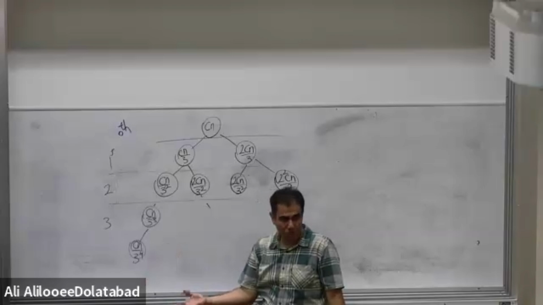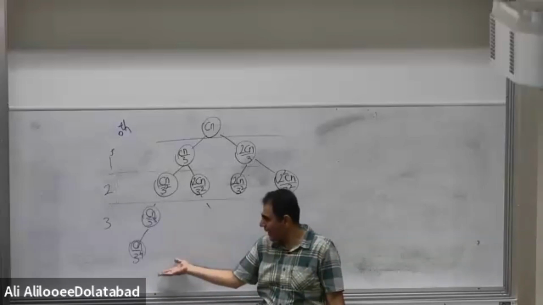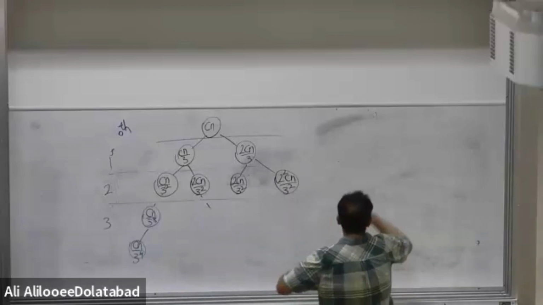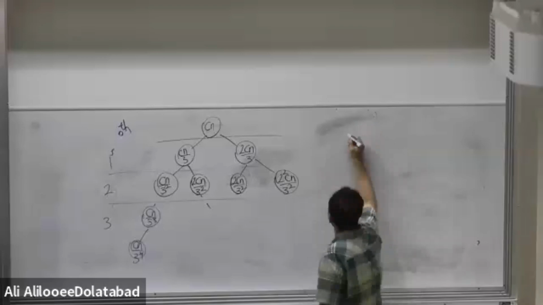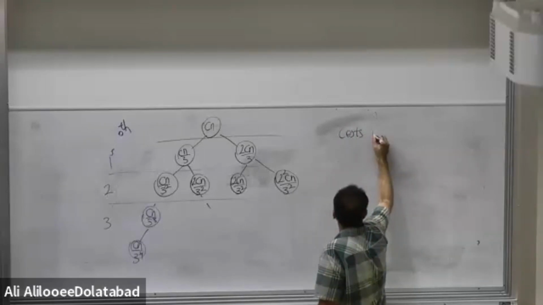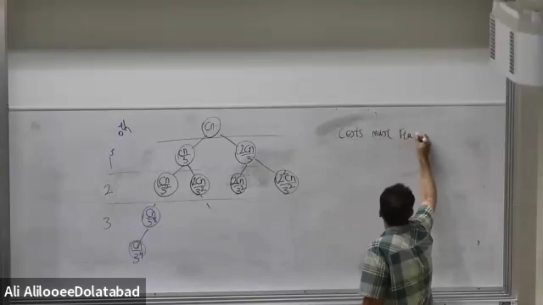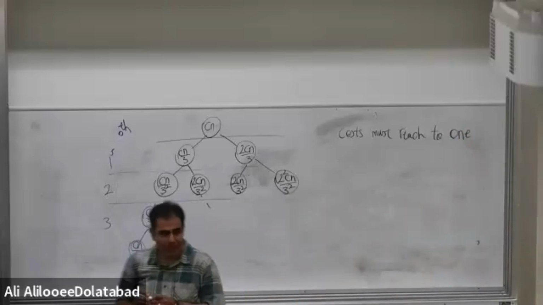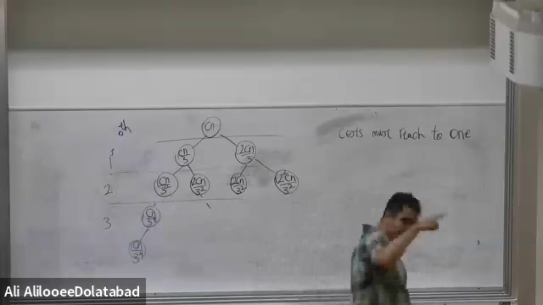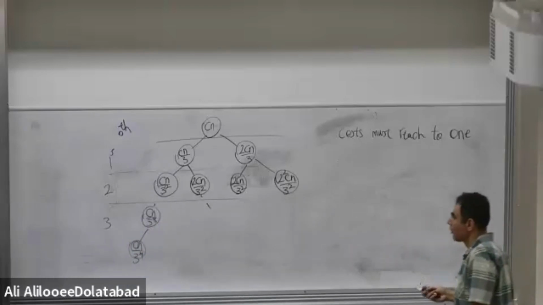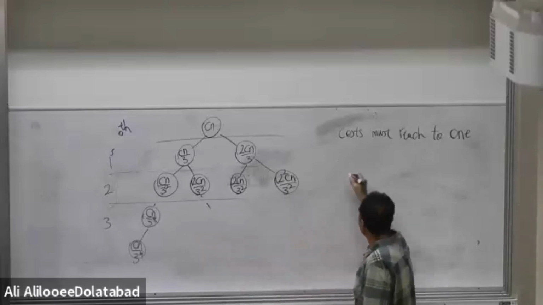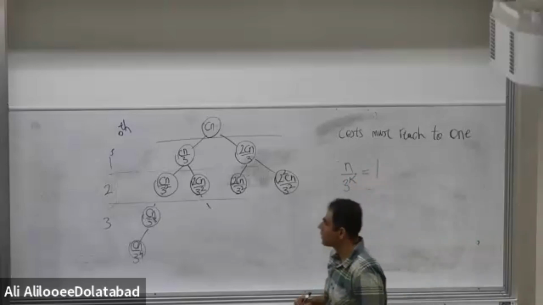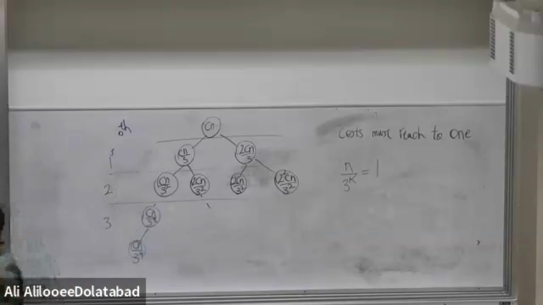Then the interesting question which should be answered is how small we can make this cost. This question is easy to answer. You will continue making this cost smaller and smaller until you reach 1. Then costs must reach 1. In other words, when we go down and down, we want to continue until we reach 1. Reaching 1 means that here, for example, my goal is to find k for which n over 3 to the k is 1.